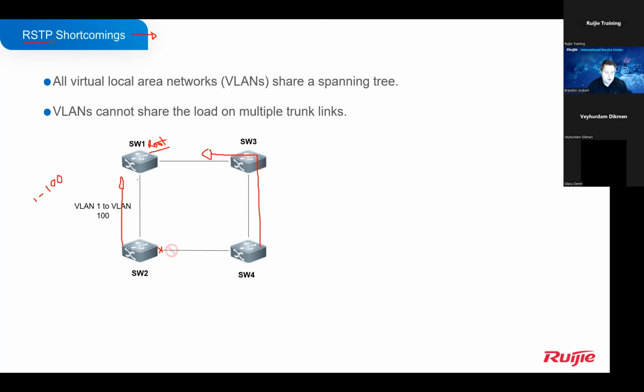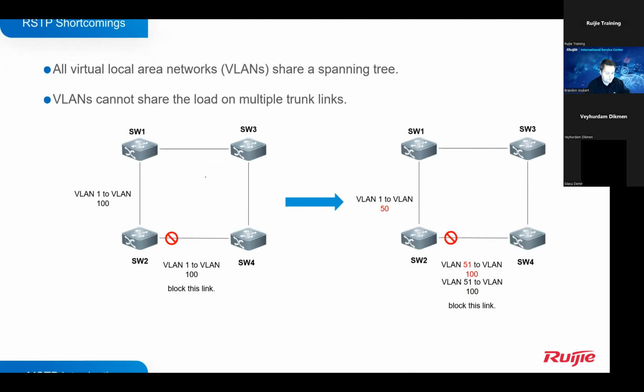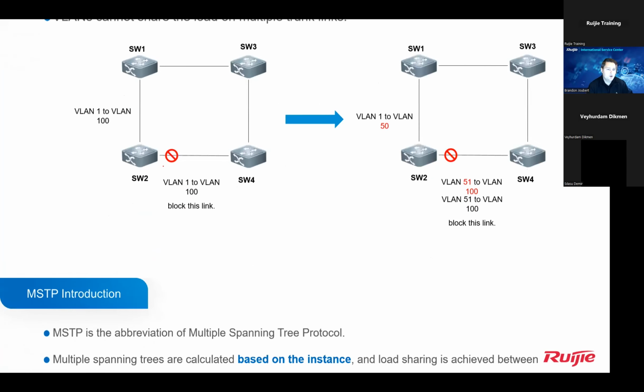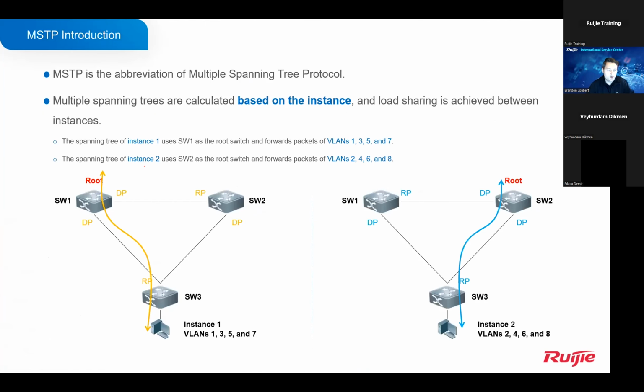So what MSTP allows us to do is run instances based off of VLANs, which we will touch on now. MSTP is an abbreviation of multiple spanning tree protocol. Multiple spanning tree protocol is based on instances, and load sharing is achieved between instances.